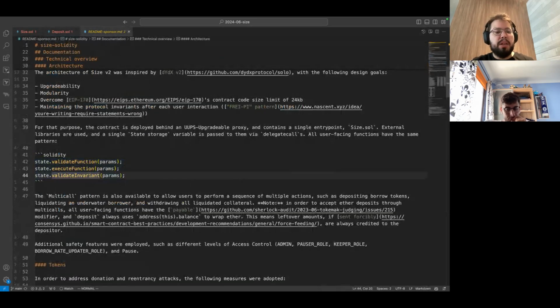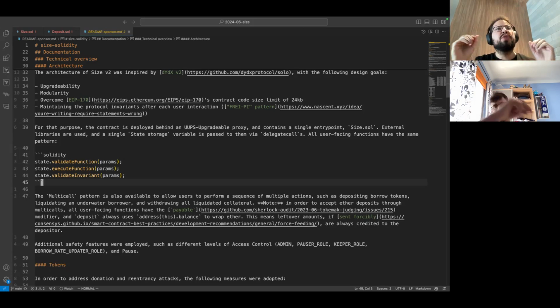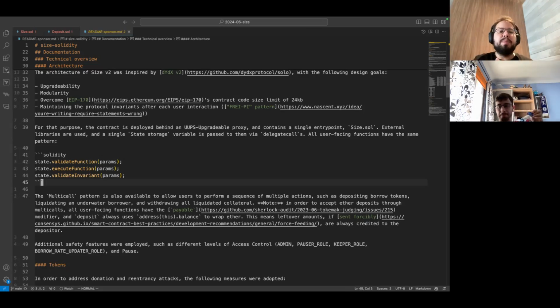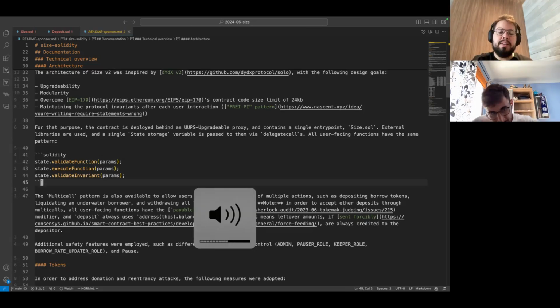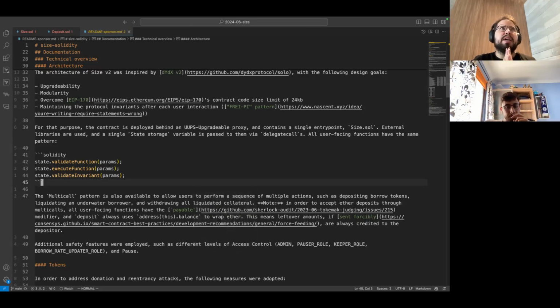This is also similar in nature to the, how is it called, diamond pattern, because with the diamond proxy all functions also live in libraries. We decided not to use the diamond pattern because, from our point of view, it was a bit more complex than what we needed.